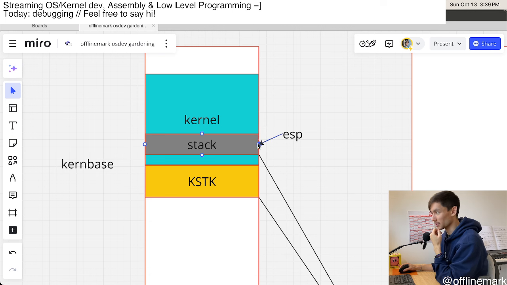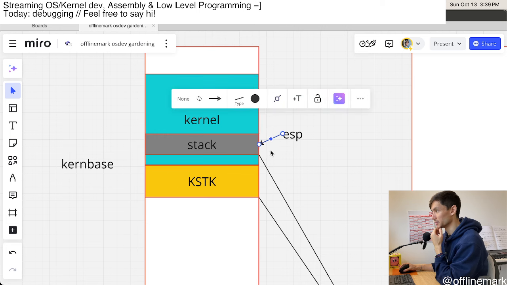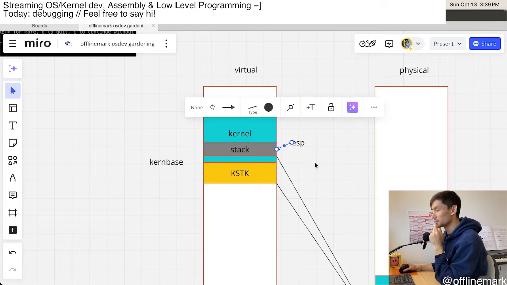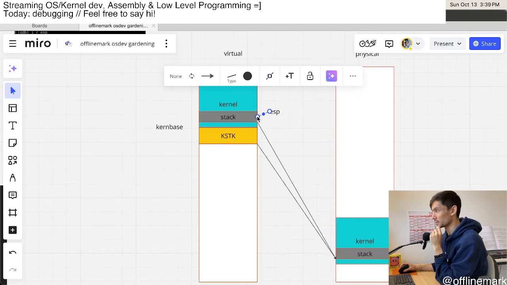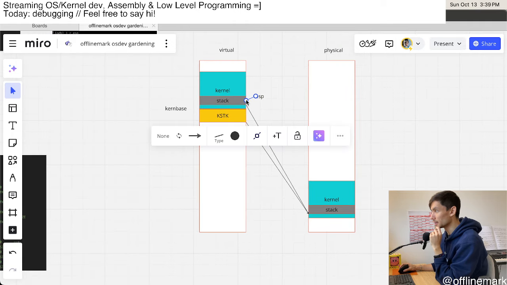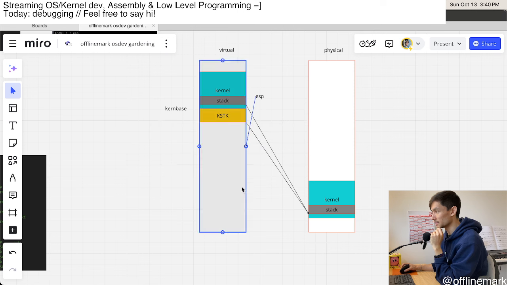So I think we just run here for a long time, leaving this totally unused. And then, well, actually, we run a user space process, which sets ESP to low memory, and then user space is running.